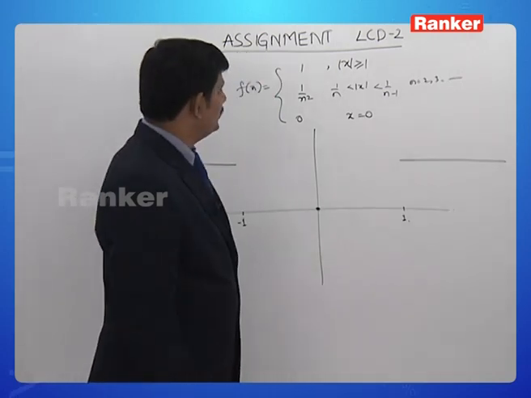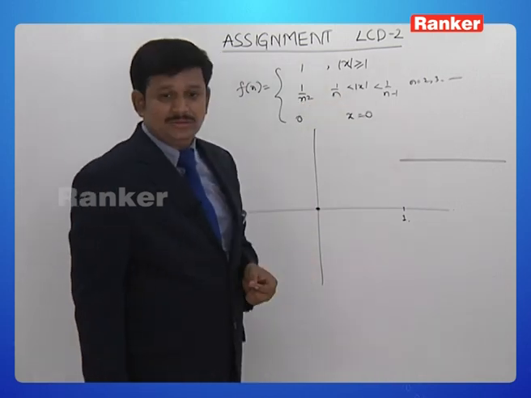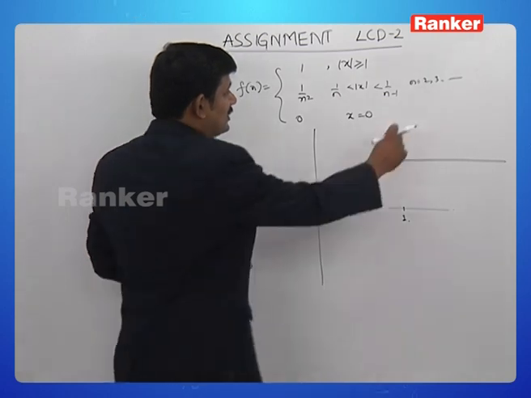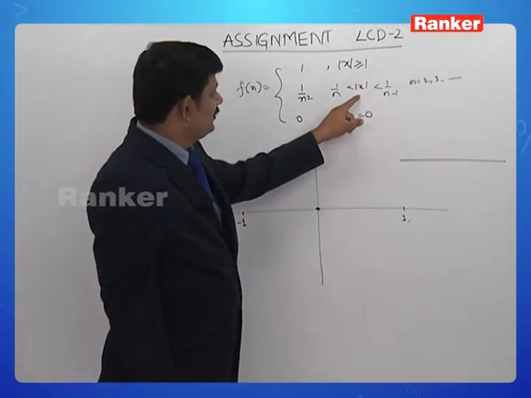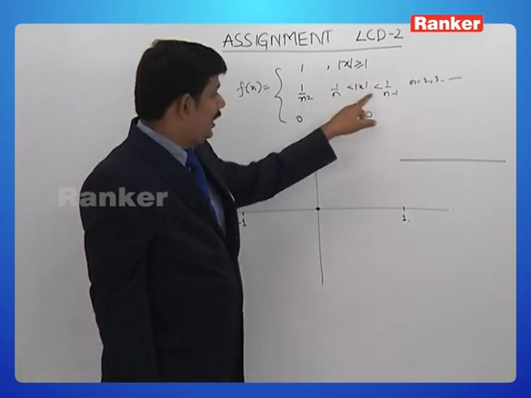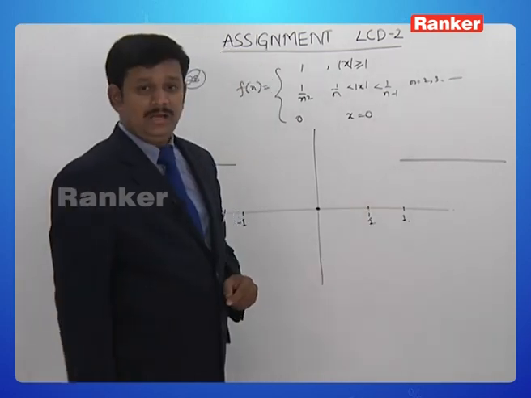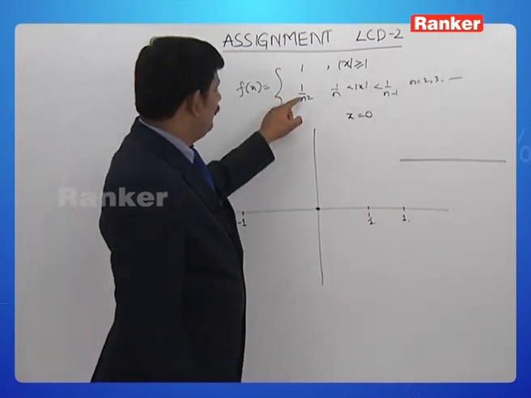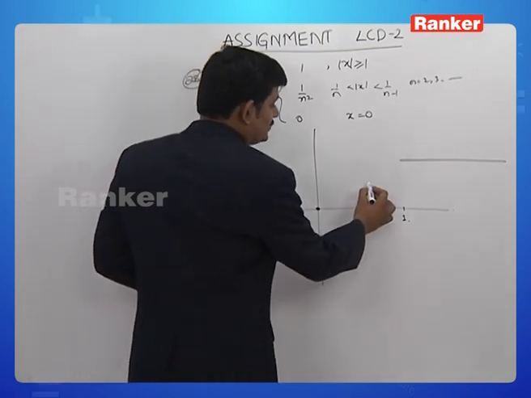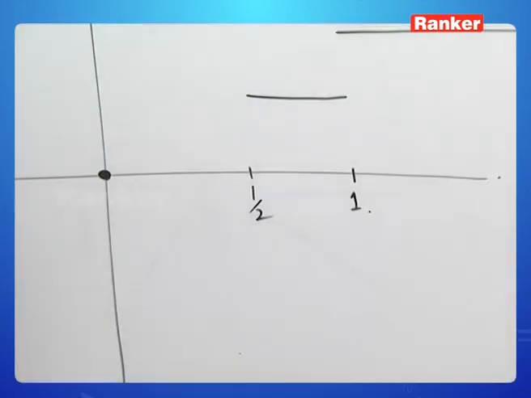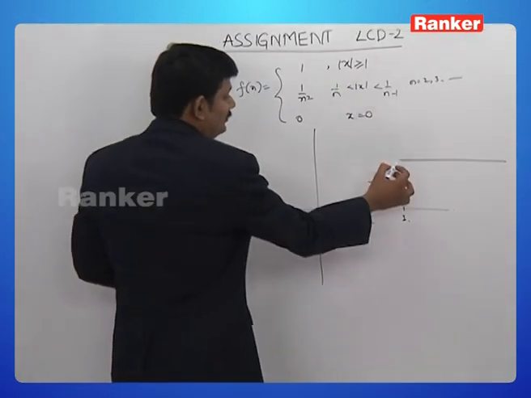Now, let us focus on the interval when mod x lies between 1 by n and 1 by n minus 1. Let us start our discussion with n equal to 2. When mod x lies between half and 1, f of x is given to be 1 by 2 square, which is 1 by 4. So, in this interval again it is a constant function 1 by 4, and equality here is given with 1.